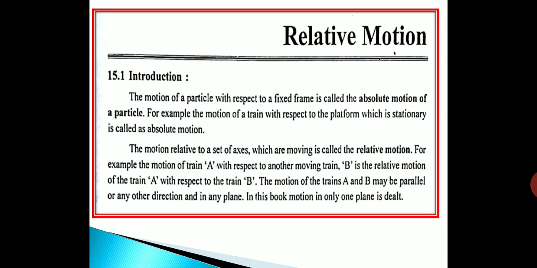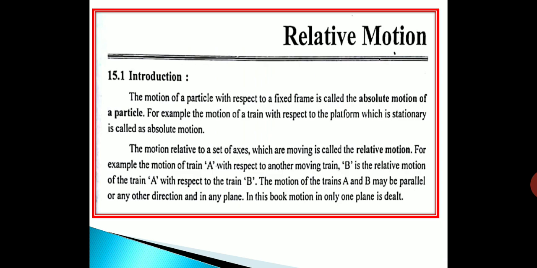For example, if two trains are moving and we are analyzing the motion sitting in one train, analyzing the motion of the other train, it becomes a relative motion.